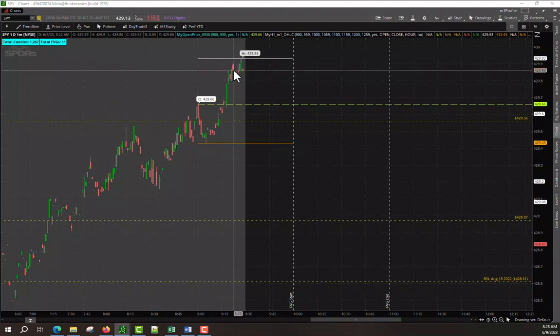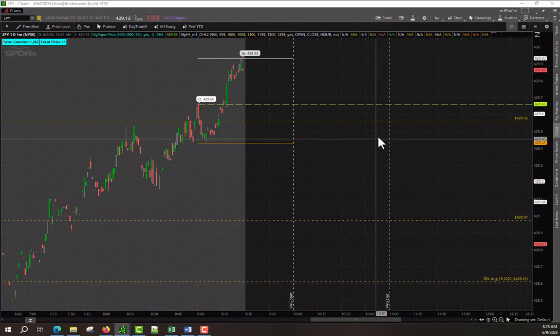This is the high of the week so far. So it did check out. Yesterday we see that it made a new low. We just took the buy side liquidity.